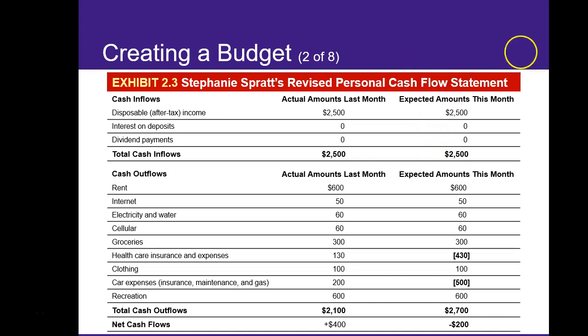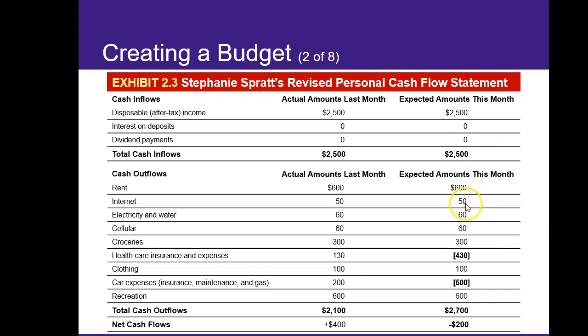So notice that the income stays the same, pretty consistent, but we're recognizing a potential increase in healthcare insurance and expenses and an increase in car expenses. So maybe we understand that we're going to have some work done on our vehicle, so we're anticipating higher car expenses in the upcoming month than the previous month.